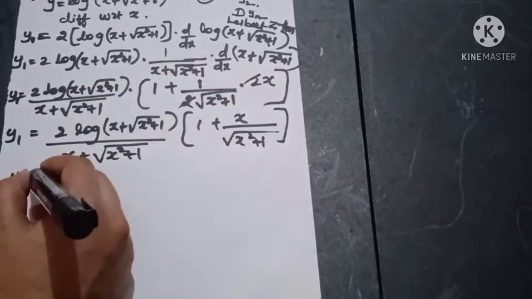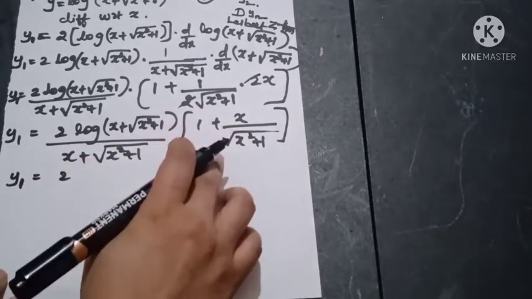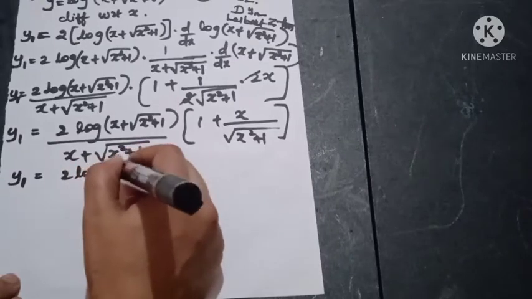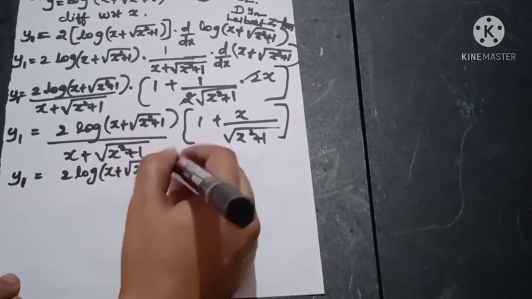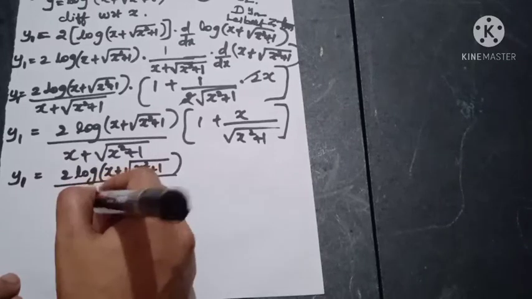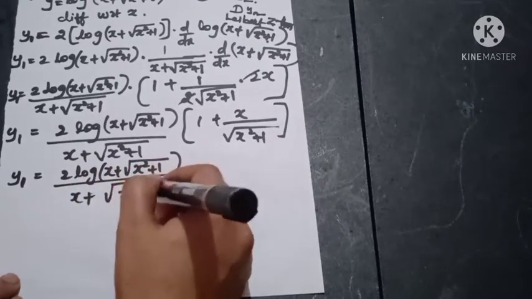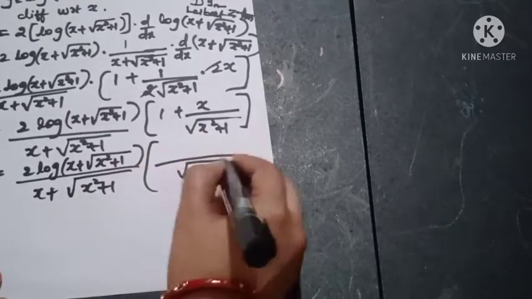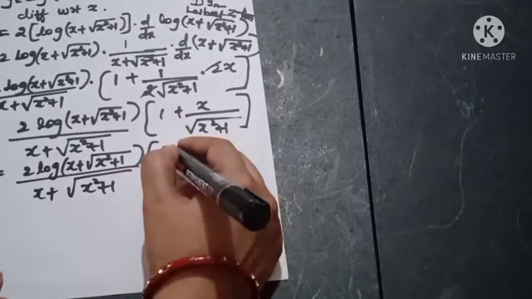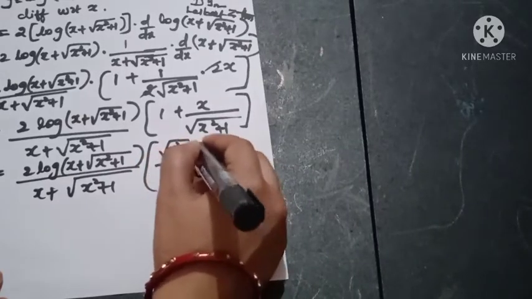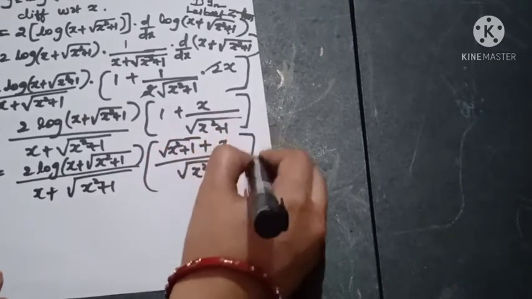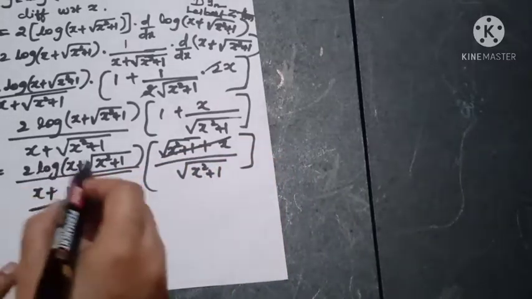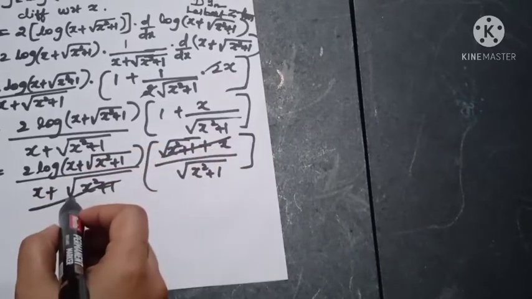So y1, if I take the LCM, is 2 log x plus square root of x square plus 1 divided by x plus square root of x square plus 1. Here we'll take the square root of x square plus 1 as the LCM. So what we get is square root of x square plus 1 plus x, which gets cancelled with the denominator x plus square root of x square plus 1, which is the same as the numerator.